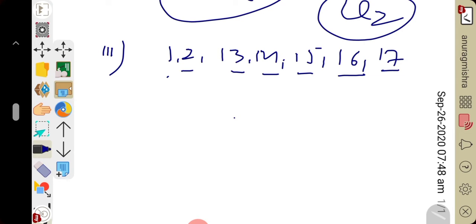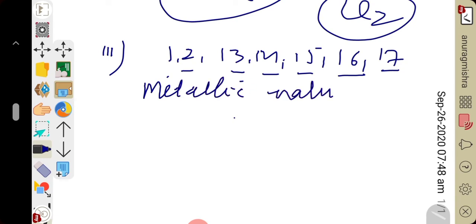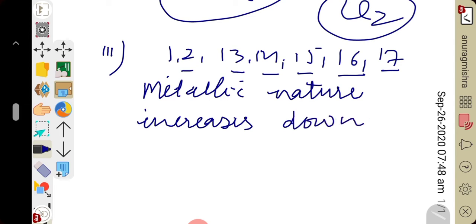That's why metallic character increases. So metallic nature increases down the group.